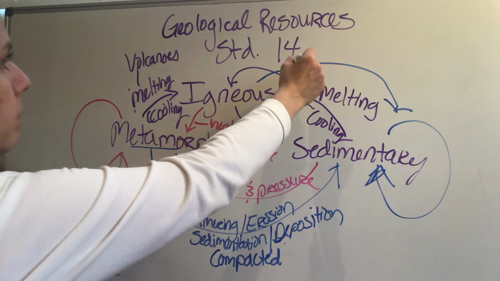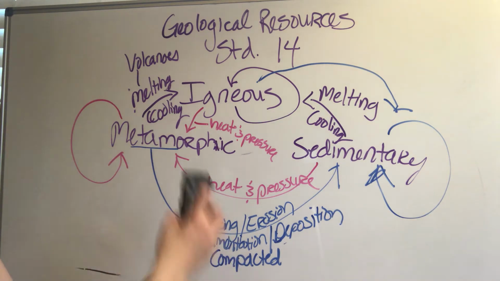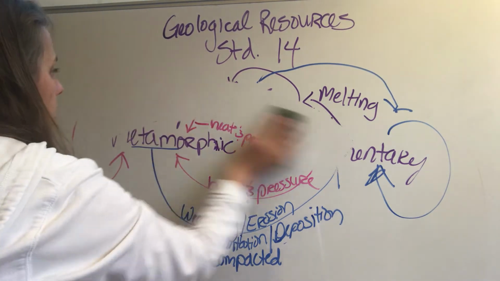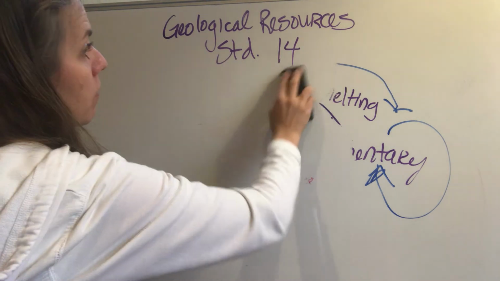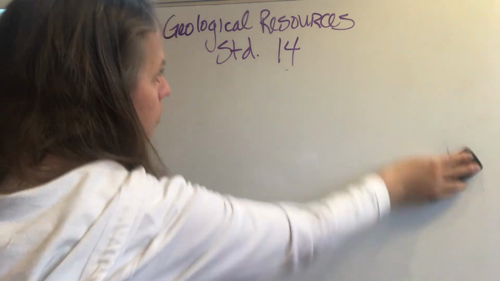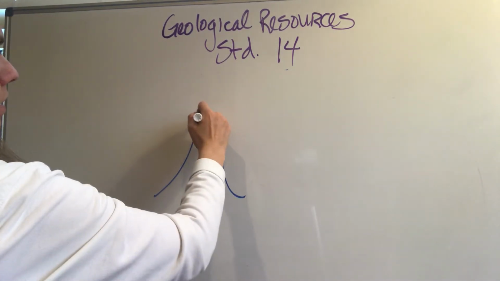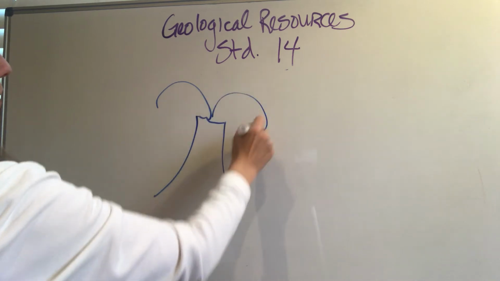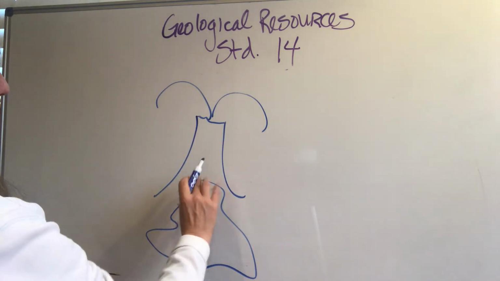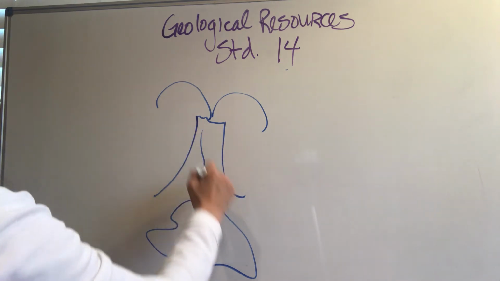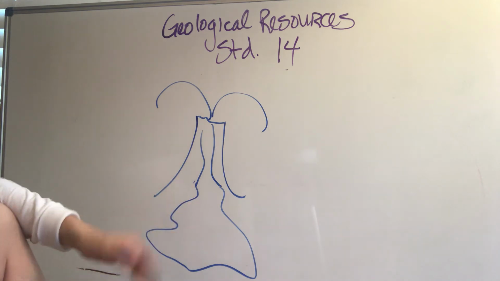This stuff also happens right up here from igneous to sedimentary. So these processes are happening randomly all over the face of the earth. So wherever there's a volcano, the magma under the earth is going through the igneous rock process, which is melting and cooling.